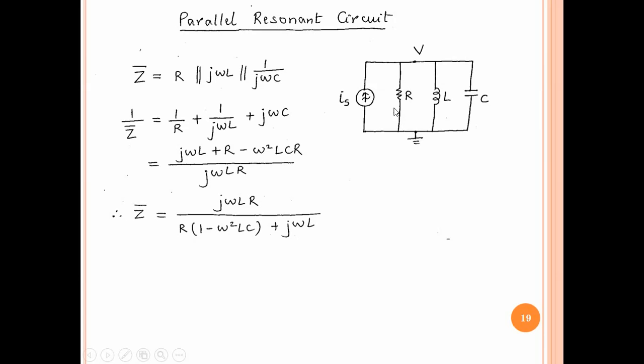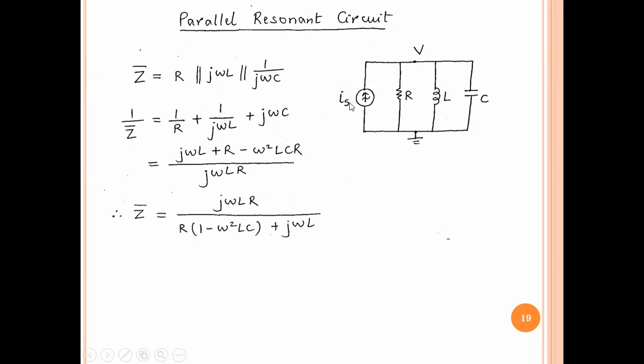So let IS be a sinusoidal current source, and let's assume that the amplitude of IS is 1 ampere, 1 cos omega t. Then the voltage V will be IS times the Z of R, L and C in the frequency domain.